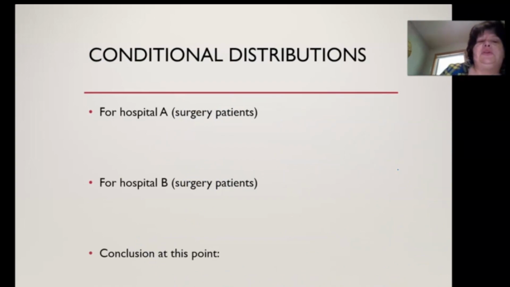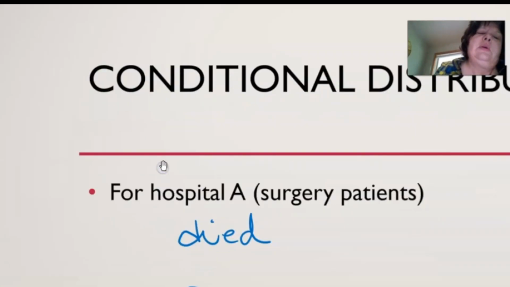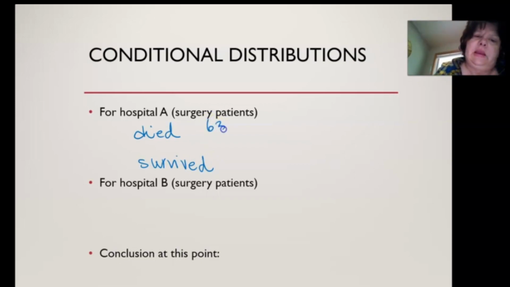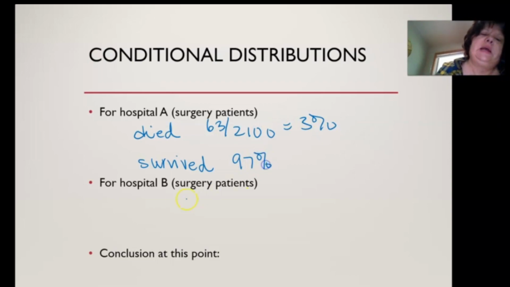Now, the conditional distributions, we would be comparing hospital A and hospital B in terms of the outcomes. So we would say for hospital A, you have died, survived, and the ones that died for hospital A, 63 out of 2,100 is 3%, and of course the survivals have to be 97%.